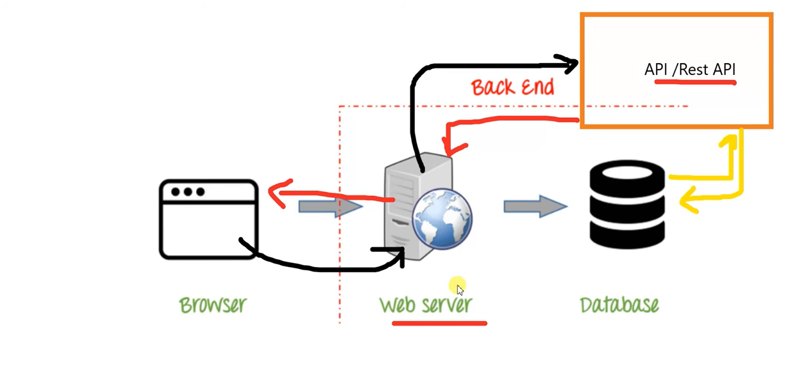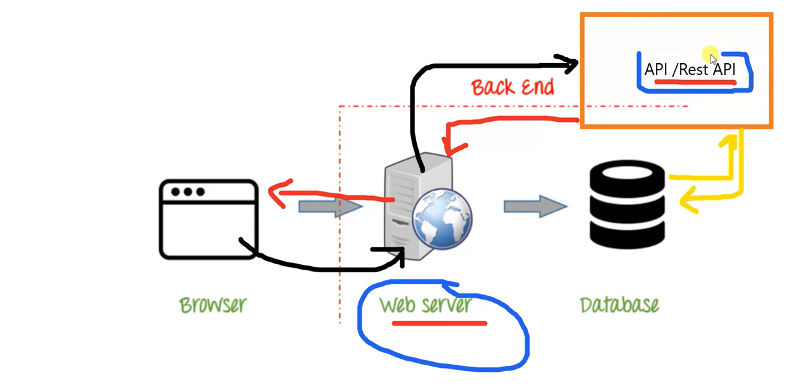Now you might ask, what's the difference between the web server and the API? The difference is your web server is always live, but your API is not always live. You can apply more security restrictions on the API but not on the web server. What do I mean? If your API is only built to reply with your name, and you ask what is my name, it will just answer from the database.